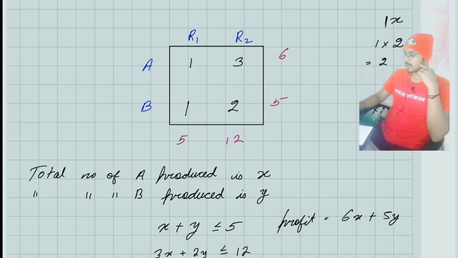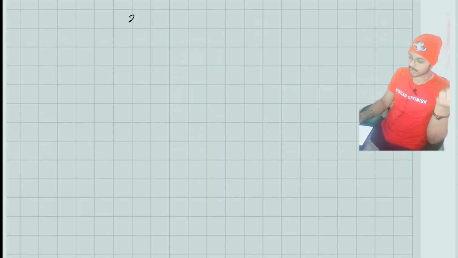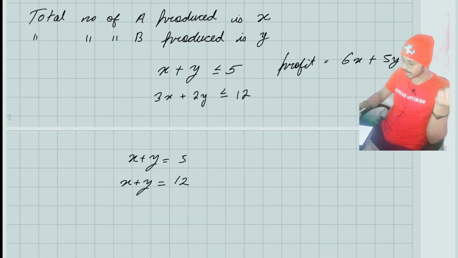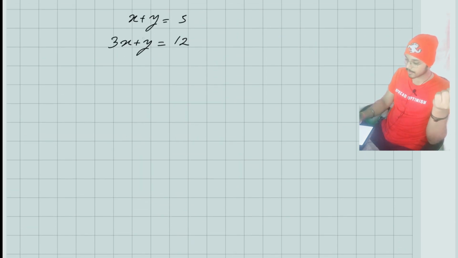So how can we maximize this? By equating with 5 and equating with 12 and solving the equations here: x plus y equals 5 and 3x plus 2y equals 12.